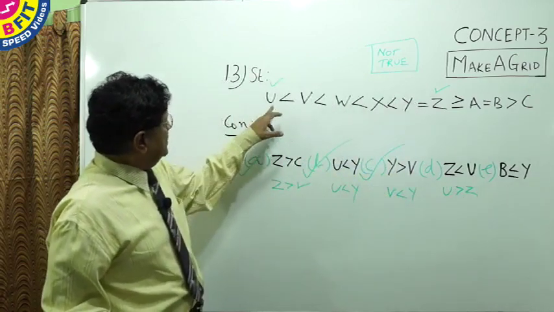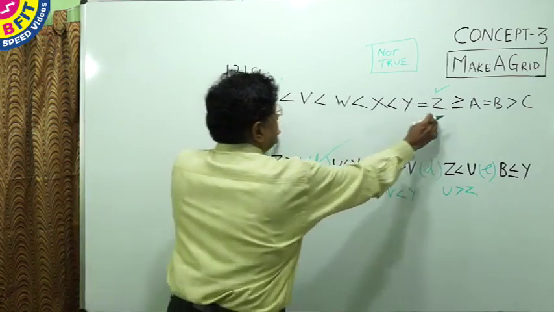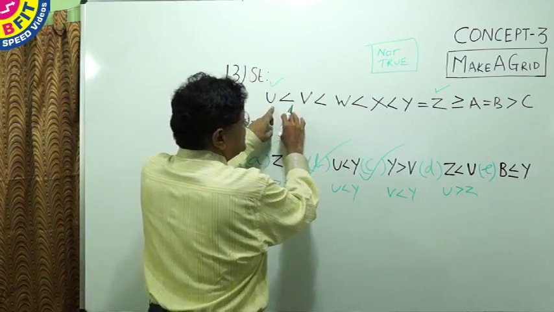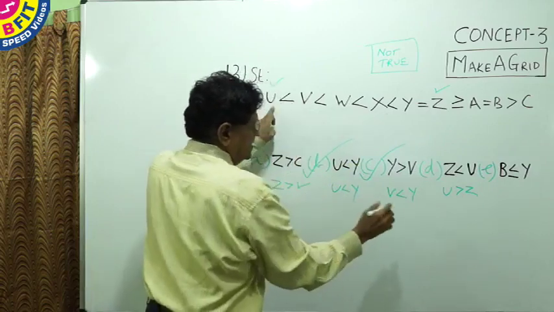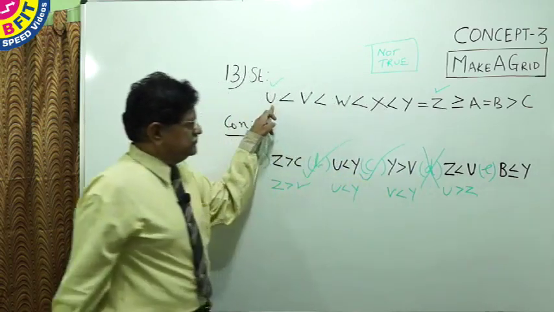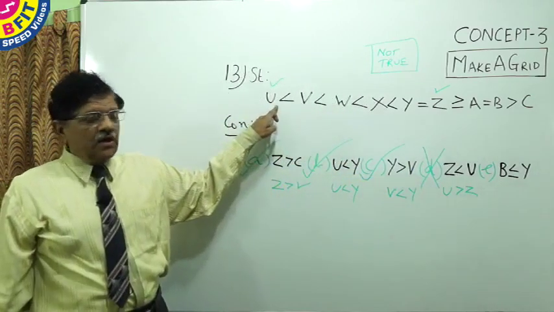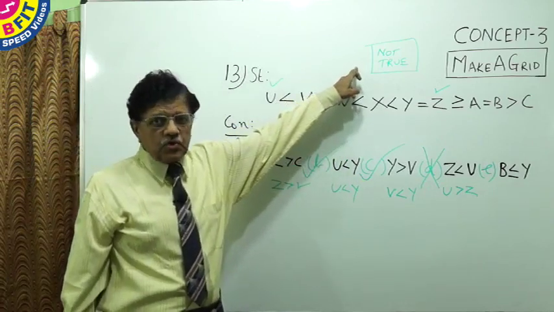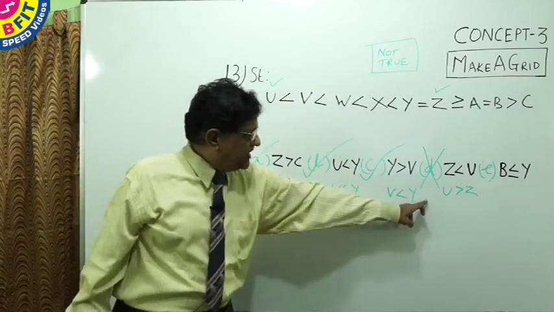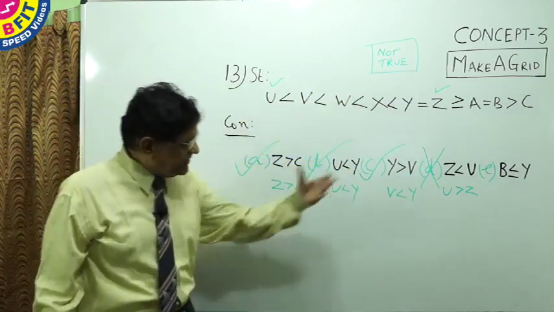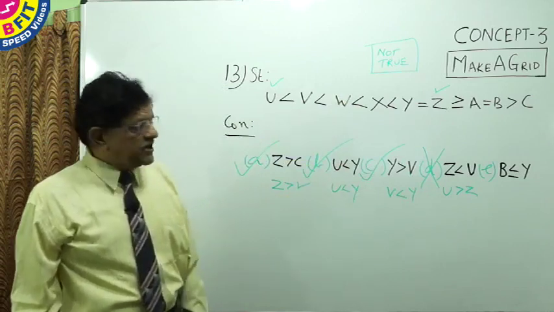Now, look at U and Z. The only conclusion is U is less than Z. So conclusion D is wrong. Now what we have to verify is which of the conclusions is not true. When we have completed this, we have the answer. Anyhow, for good order's sake, we shall complete conclusion E also.